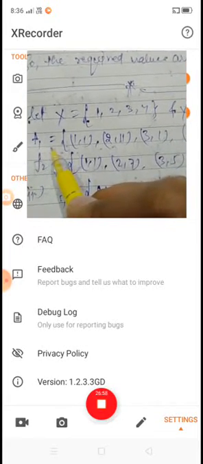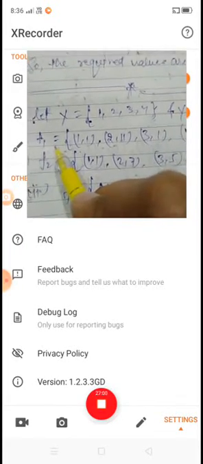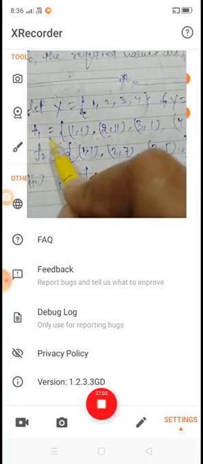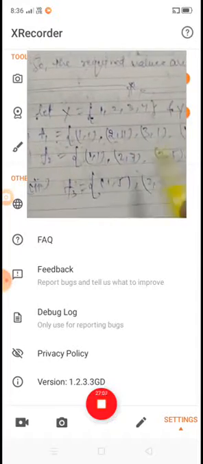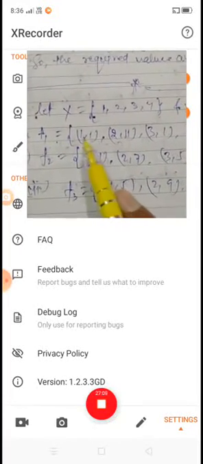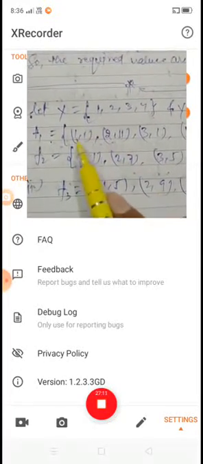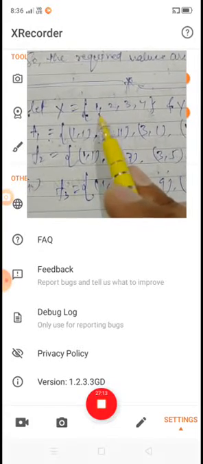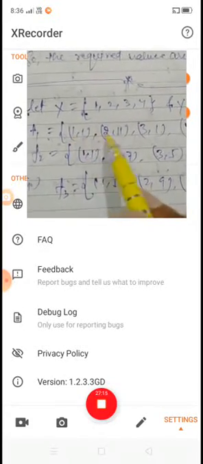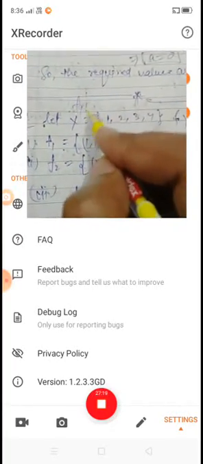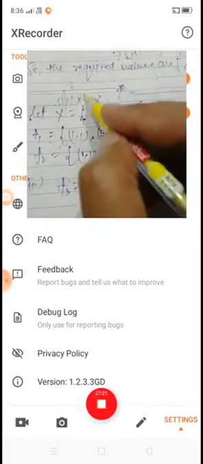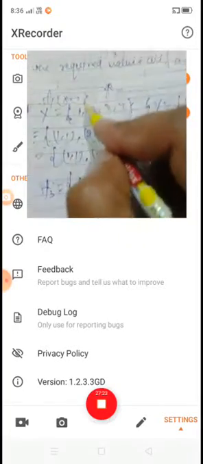F1 is the function. Why? Because f1 has all the elements of x, here 1, 2, 3, 4. Here f1 is a function from x to y, so all elements of x are associated to an element in y.